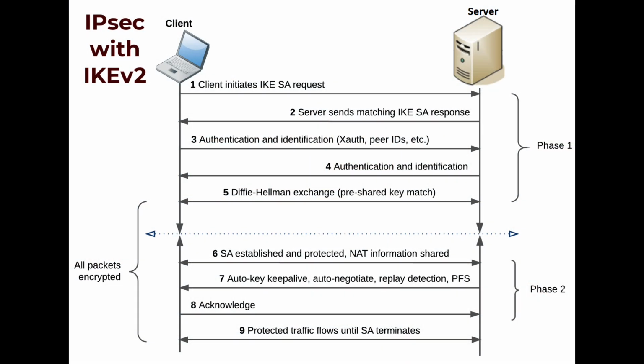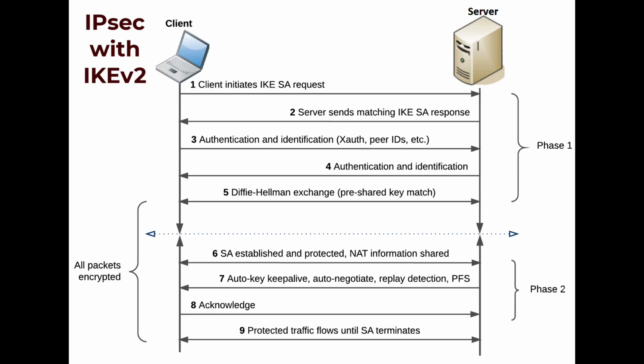IKEv2 is the negotiation protocol that sets up IPsec securely. In the IKE_SA_INIT exchange, the peers agree on cryptographic algorithms and perform a Diffie-Hellman exchange to create shared key material.